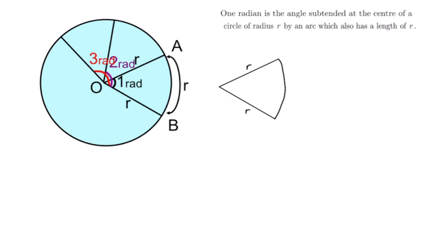The arc length, of course, is part of the circumference, and if the arc length is the same length as the radius, then the angle at the centre is 1 radian. Just 1 radian. Now, 1 radian is approximately the same as 57.3 degrees.